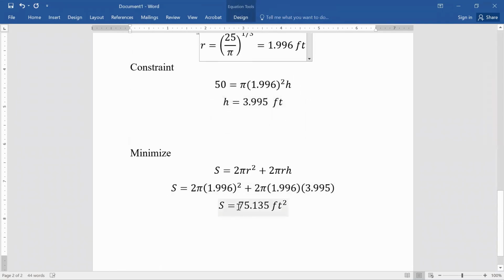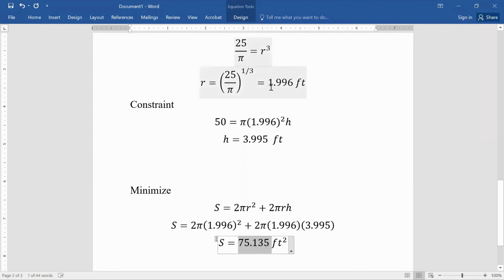So you get a minimum surface area of 75.135 square feet when the radius is about 1.996 and the height is about 3.995.